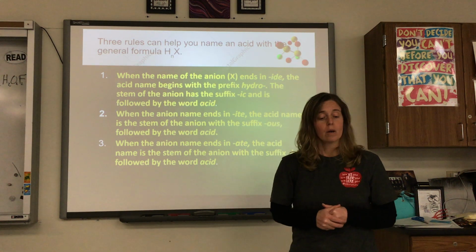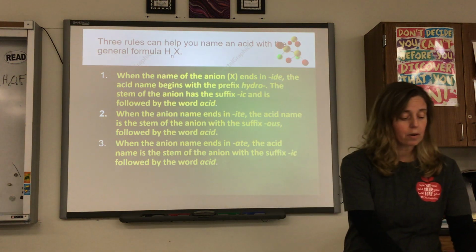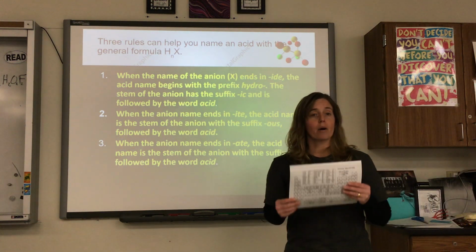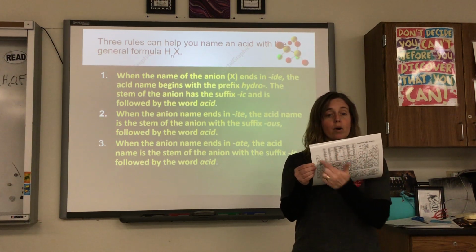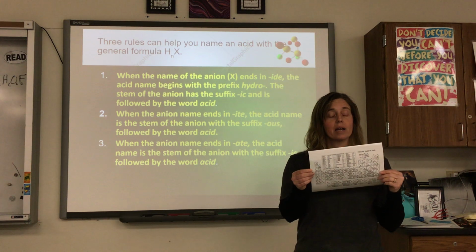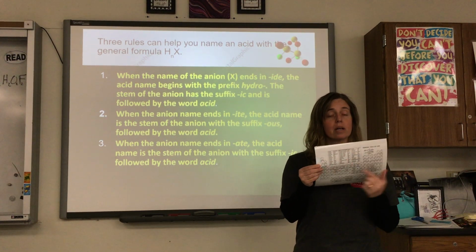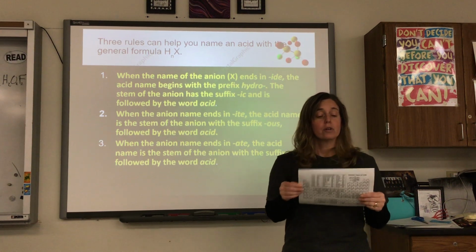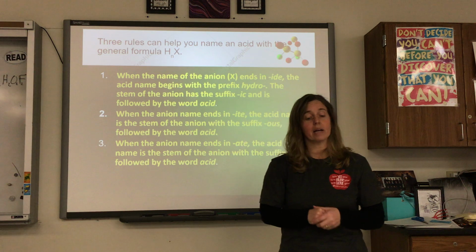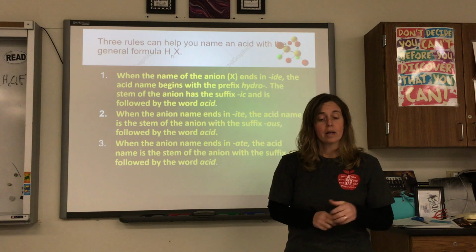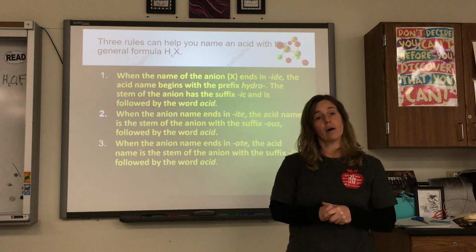When the anion name ends in "ite", remember we had our periodic table chart. In that chart, you have all of your polyatomic ions that either end in "ite" or "ate". So in that box are your polyatomic ions. If the name of the polyatomic ion ends in "ite", the acid name is the stem of the anion followed by OUS.